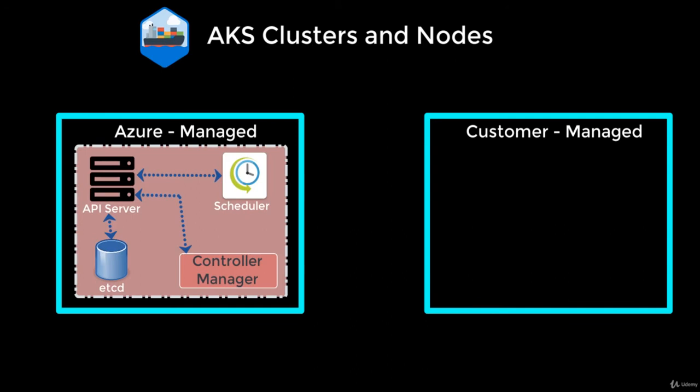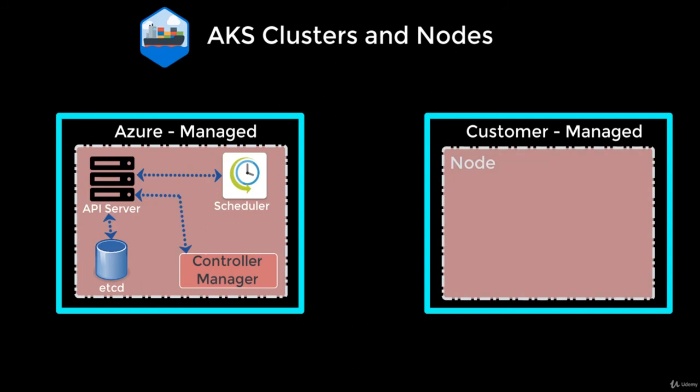This cluster master is provided as a managed Azure resource, which is abstracted from the user. There is no cost for this cluster master. The other part of it, which is also called a customer managed node or node pools, is there to run your applications and support the services.